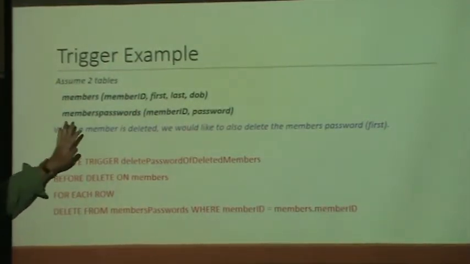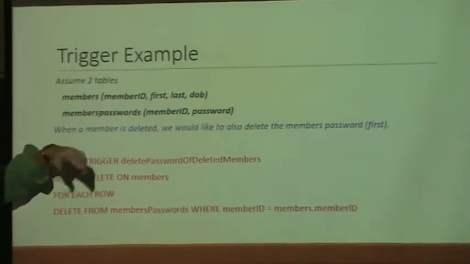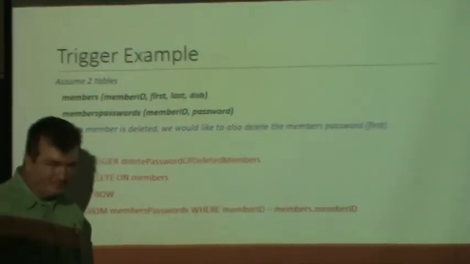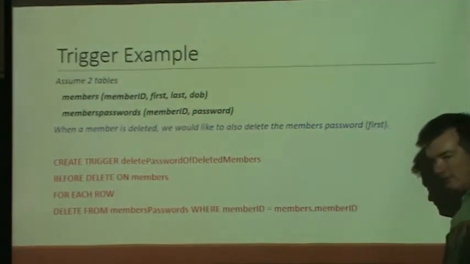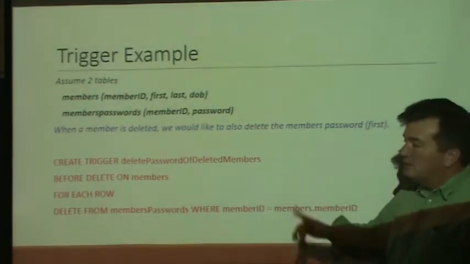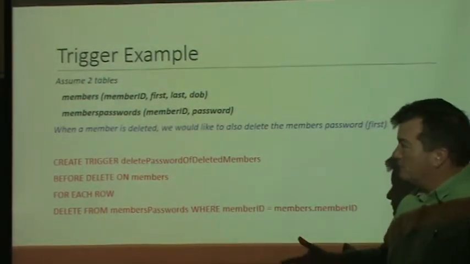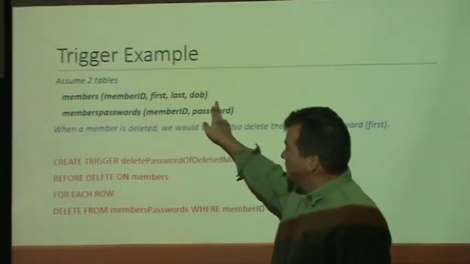So when we go to delete a member, let's say somebody joins Facebook, and they've been a member of this website for a while, and then they decide to leave. Suppose we were to issue the SQL statement to delete the member.